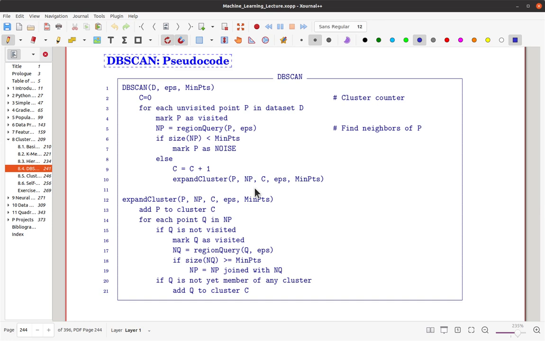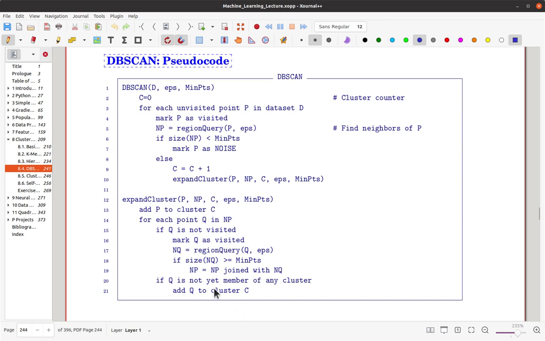So here now, okay, first we add P to cluster C, the first cluster in the beginning, and for each Q in the neighborhood, if Q is not visited, then after visiting, again try to find the neighbors of Q. Once the neighbor size is larger than or equal to M, then the neighborhood of P with the neighborhood of Q must be joined, so it is expansion, so that along with that you can expand the cluster.